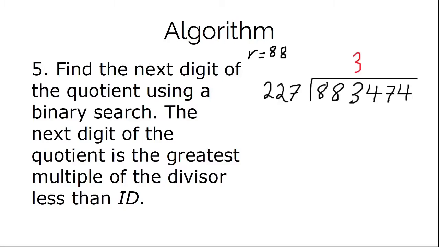And within the binary search, you keep halving the distance between your bounds. You keep narrowing the bounds down until you reach the actual answer, until you reach a single number.